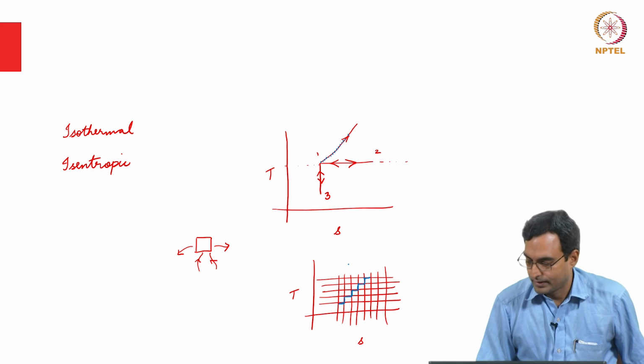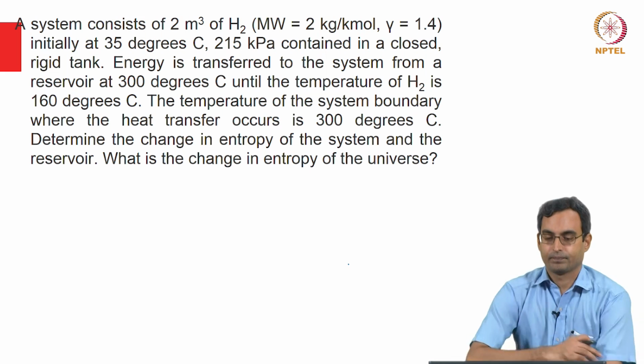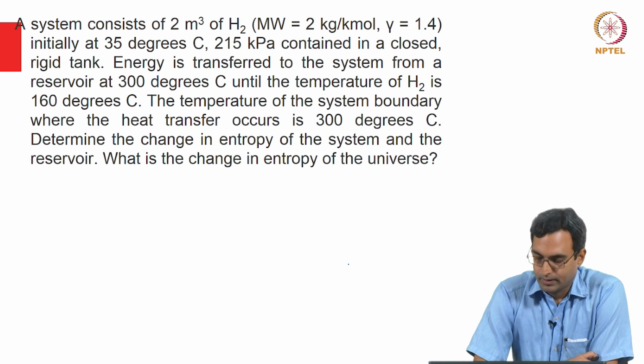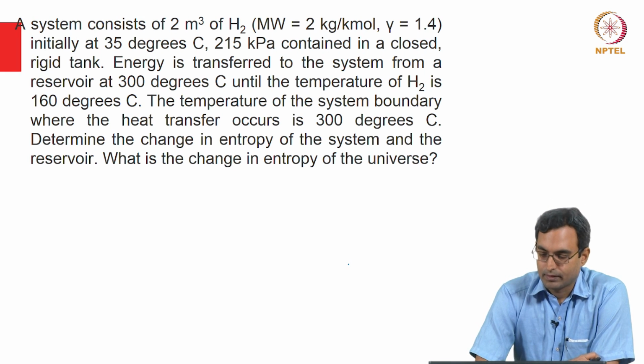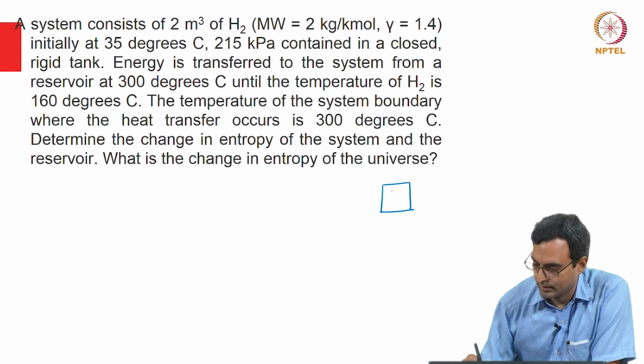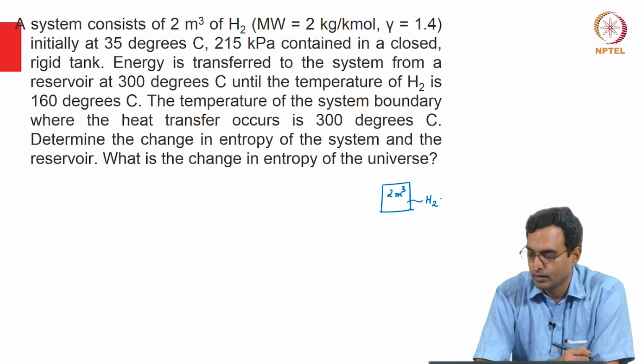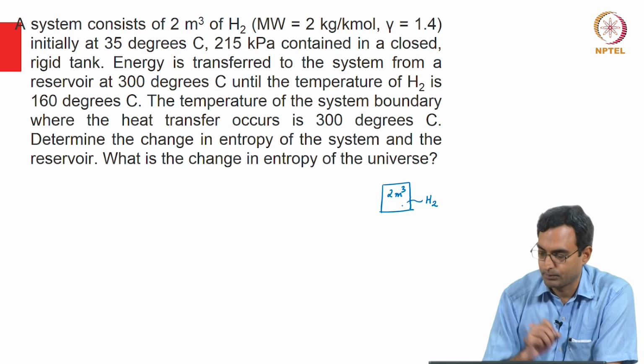So having seen that, let us now go on to solving some of the problems here. So here it says a system consists of 2 meter cube of hydrogen. Okay, so I have a system. It says 2 meter cube is the volume, the gas is hydrogen. Molecular weight of hydrogen is 2 kg per kilomole.